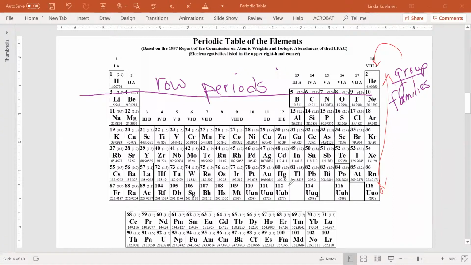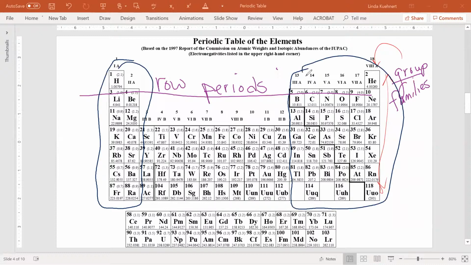We also have a couple other main blocks that we can look at on the periodic table. The first 2 columns and the last 6 columns are called main group or representative elements. So representative, or also main group.